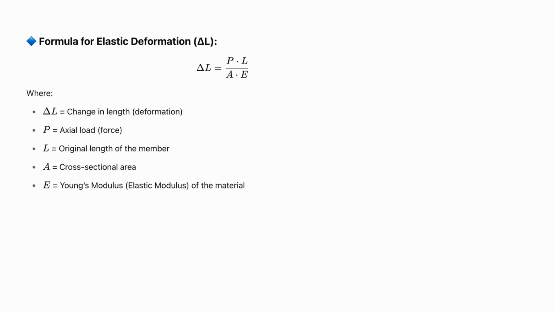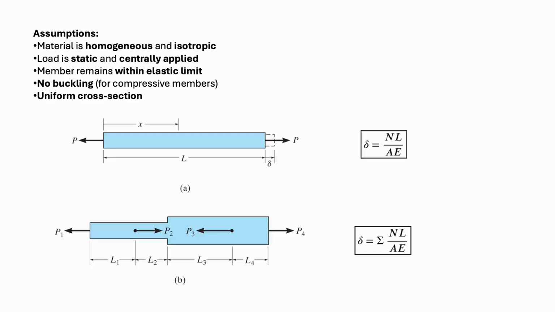So if we have a tension or compression force at the end of a column or rod, the elastic deformation will be delta L equals P times L over A times E, where P is the axial load or force, tension plus and compression minus. L is the original length of the member, A is the cross-sectional area, and E is Young's modulus of elasticity. Delta L is the change in length or deformation.